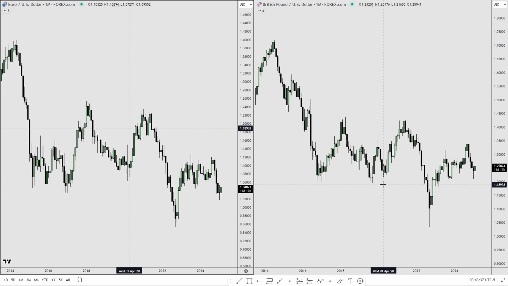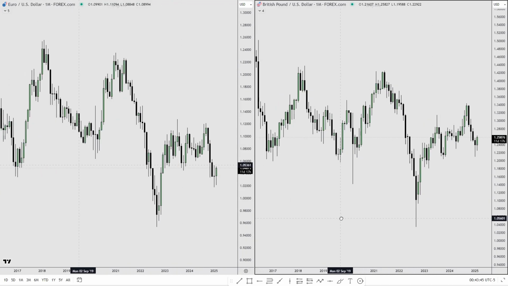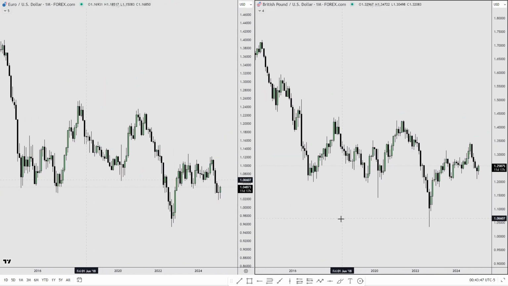Okay, so right here we have the Euro and British Pound. On the monthly time frame, we can see that both of them have purged the equal lows down here, and we are trading back up higher.